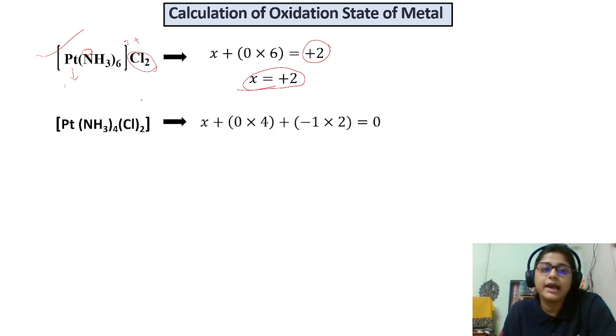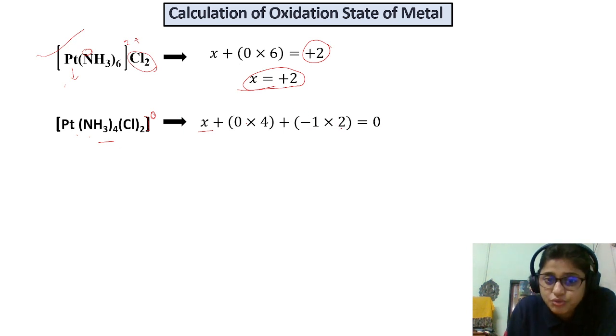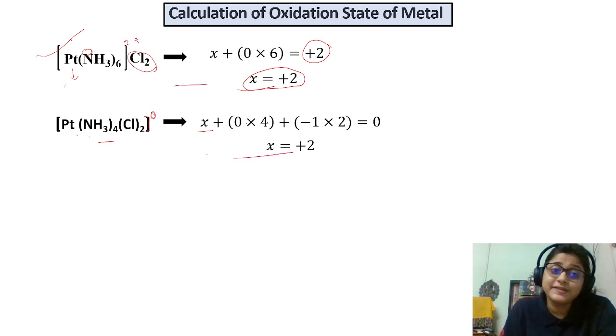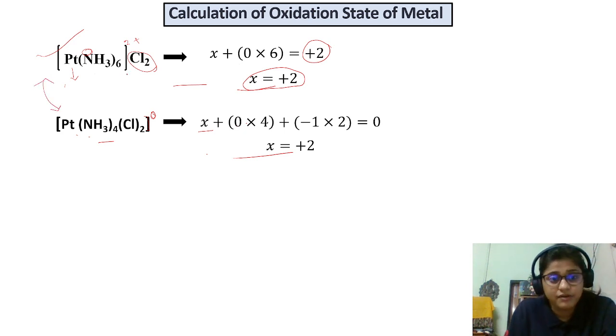Here is another example. Let's say the oxidation state is X, 0 into 4, as it is neutral. This is negatively charged, right? This is now inside the coordination sphere and the whole charge is 0. So minus 1 into 2 equals 0. X will be 2 again. But if you think that these two molecules are the same, you are wrong.